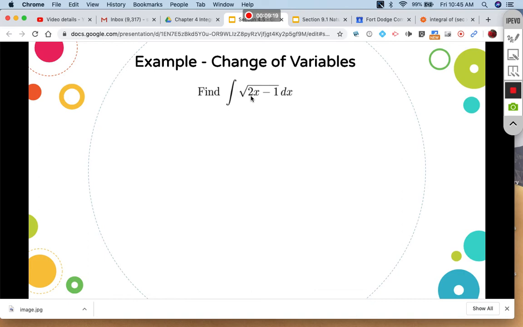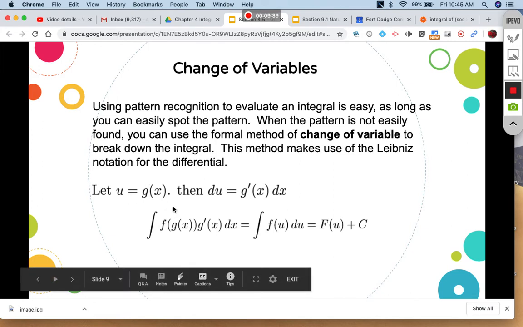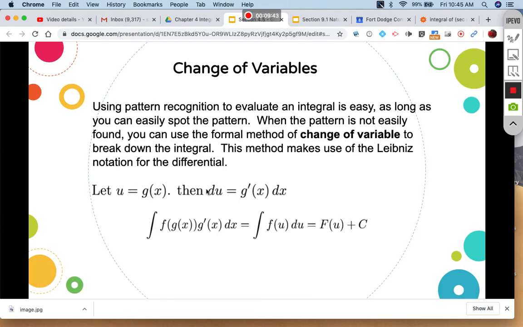What we're doing is we're changing our variables. We're going to use this Leibniz notation for the differentials we got from last chapter, the end of chapter 3. And if we say, okay, I think I have a composite function here going on, I let u is g of x, then du is g prime of x dx.